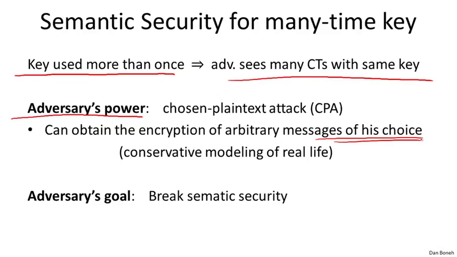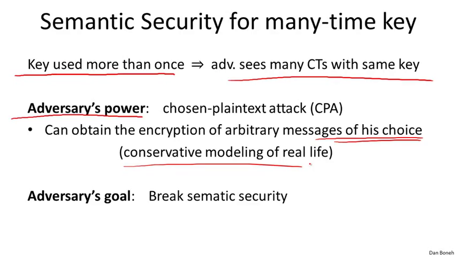You might wonder, why would Alice ever do this? How can this possibly happen in real life? But it turns out this is actually very common in real life, and in fact this is quite a conservative model of real life. For example, the adversary might send Alice an email. When Alice receives the email, she writes it to her encrypted disk, thereby encrypting the adversary's email using her secret key.